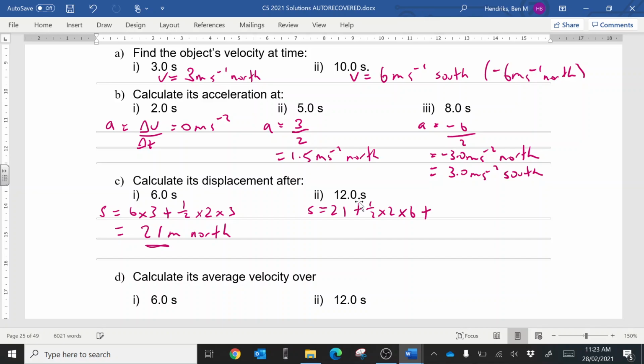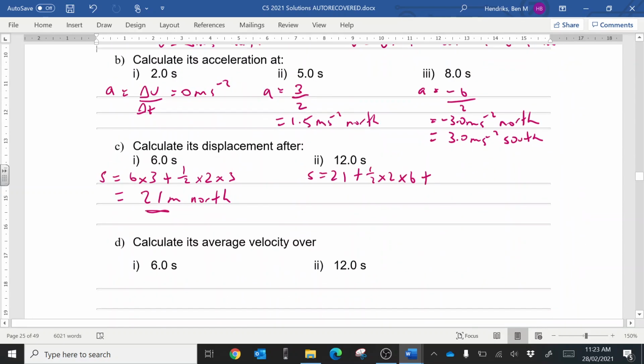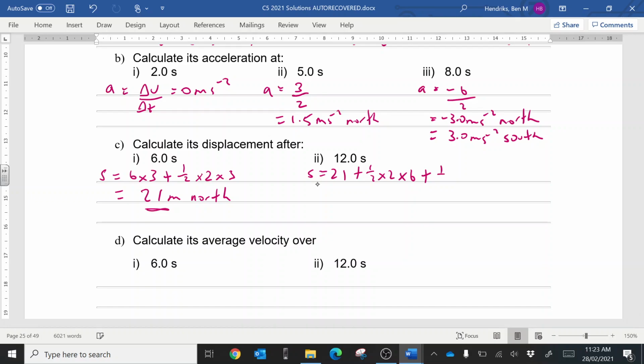Now we need to add on the next bits. We get this triangle here. It is again 2 across, so that's 2, but the height is actually minus 6. So plus a half times 2 times minus 6.